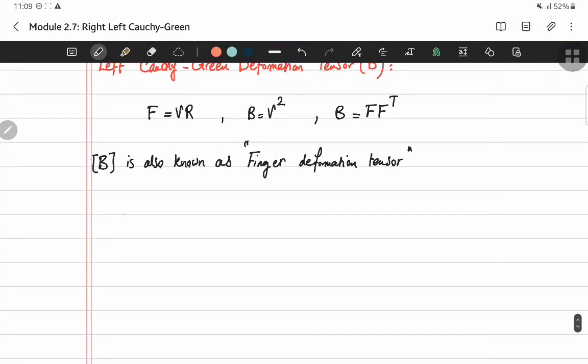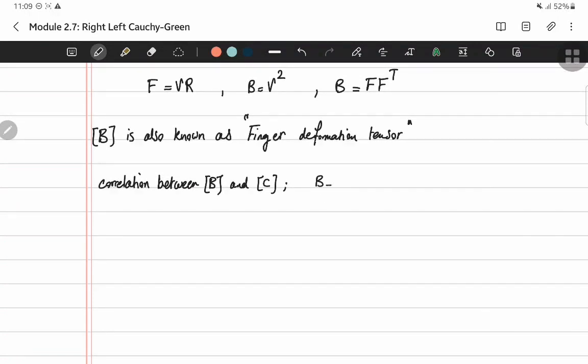There are some relations between B and C, which we can derive in here. So, the correlation between B and C.